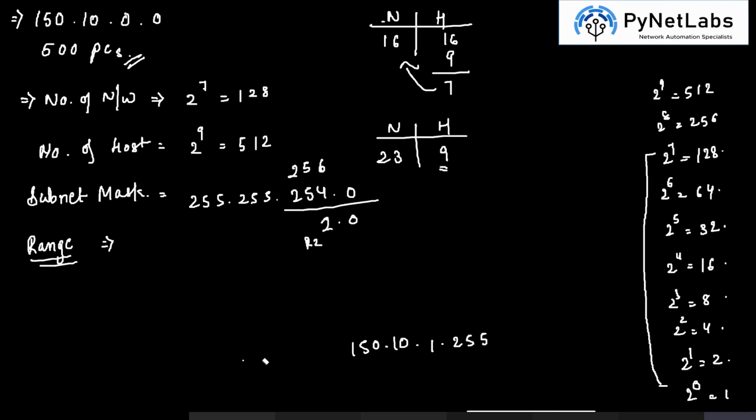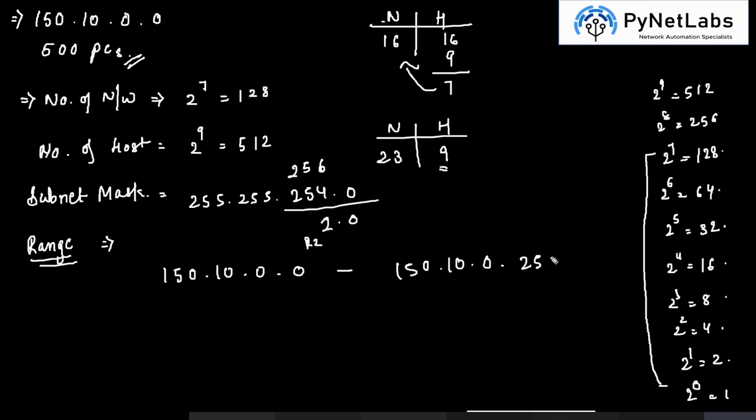Okay, let me just explain you again. Let's just forget about the room thing and we will do this again. The first range will be 150.10.0.0. Now, if we take the last octet, which is .0 till 255, this is not the correct first range. I am just giving you an example.